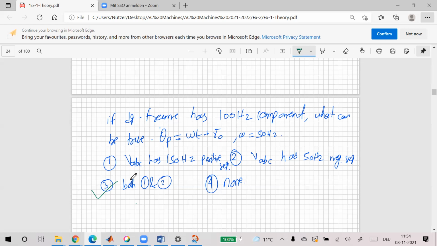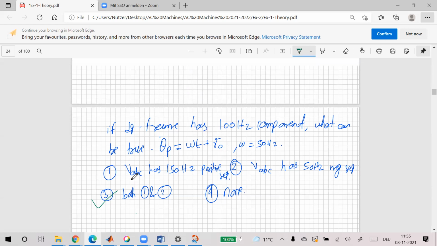I want to ask, because I'm a little bit confused, when can we have a DC component? When you have a fundamental component in your ABC frame and you do the transformation, you get the DC value.